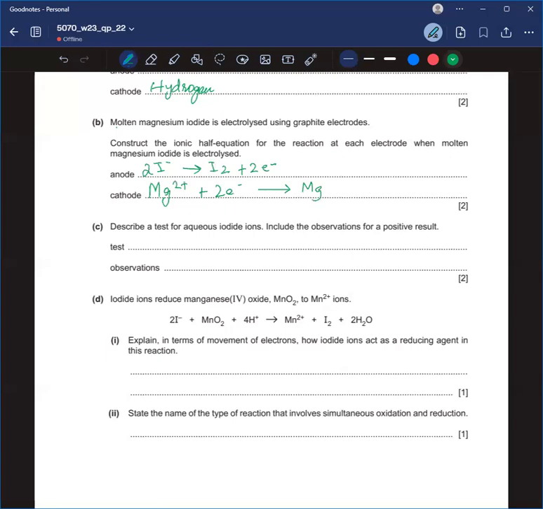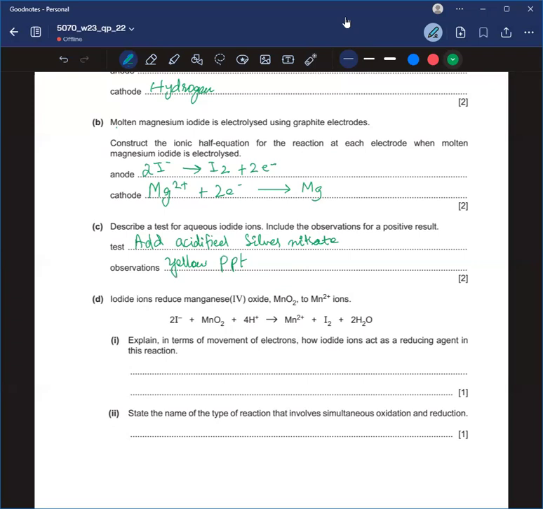We have studied in our qualitative analysis notes that we can add acidified silver nitrate, and the observation would be a yellow precipitate. I'm just writing PPT, you have to write the full form, precipitate.